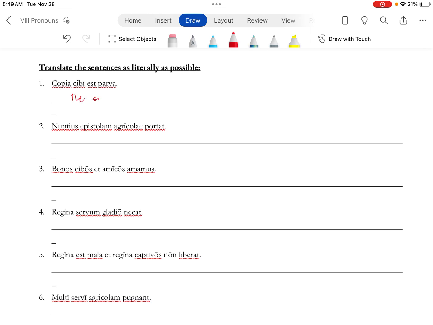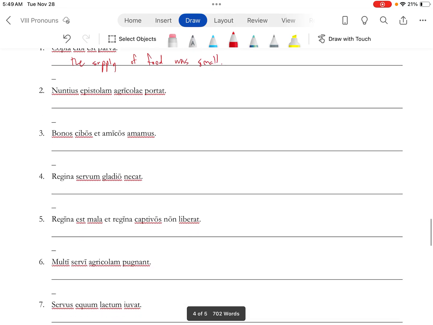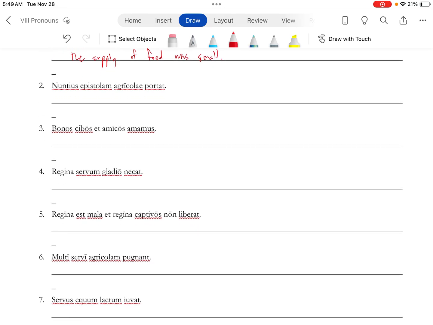Alright, the supply of food erat was small. T he shared, that's going to be the messenger. The messenger carries.